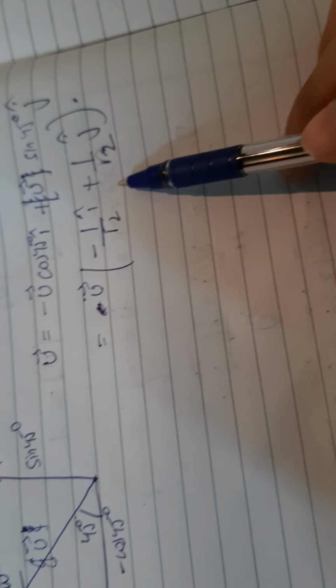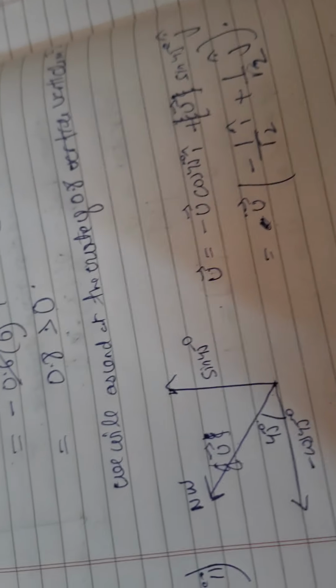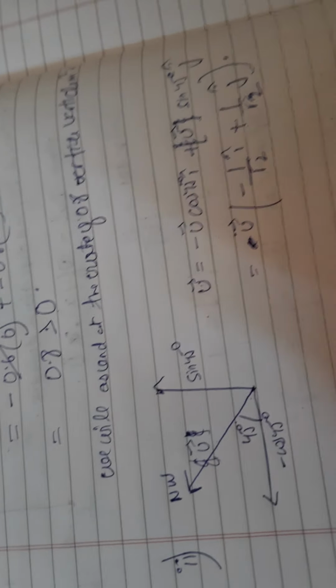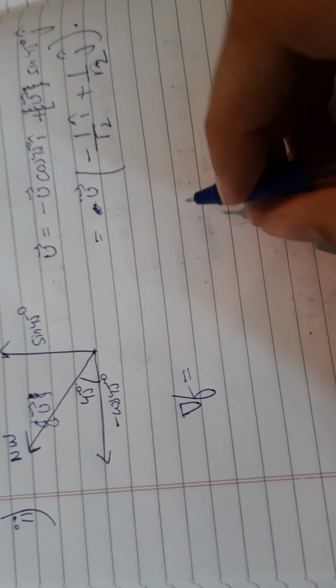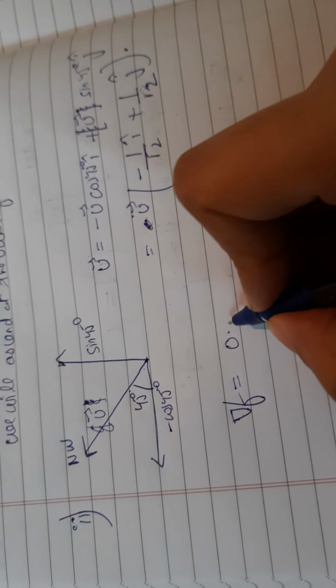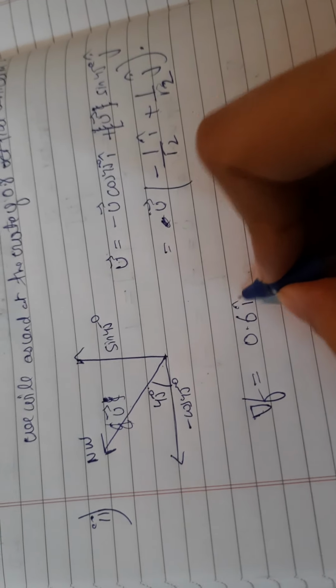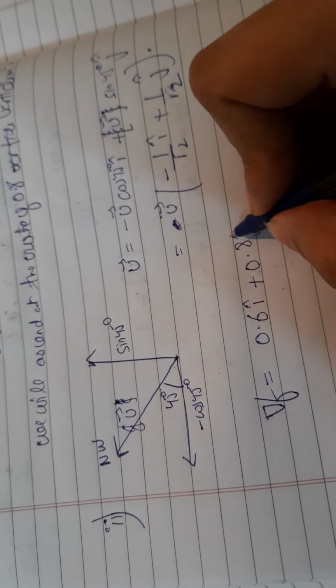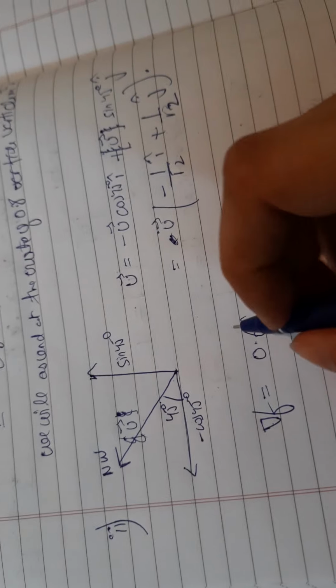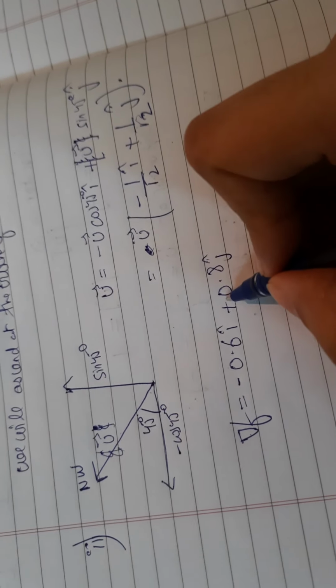So this will be the unit vector. Now we need the gradient, which was minus 0.6 i cap plus minus 0.8 j cap.